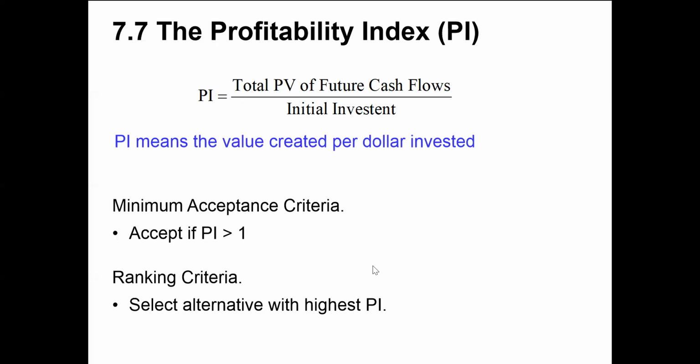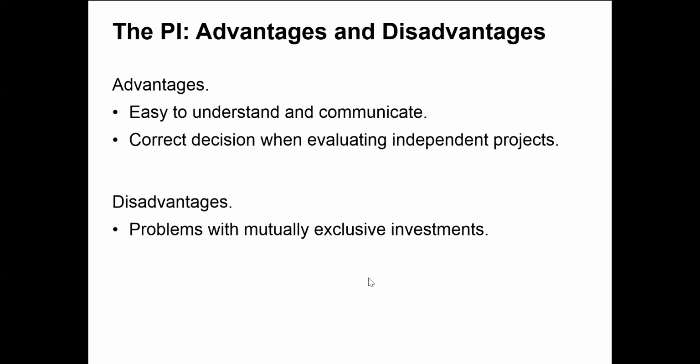We can select the alternative with the highest PI. This index also has some disadvantages, like there could be problems with mutually exclusive investments, and it has the advantage of being easy to understand and easy to communicate, right?